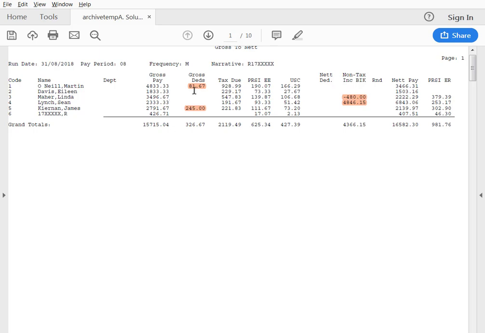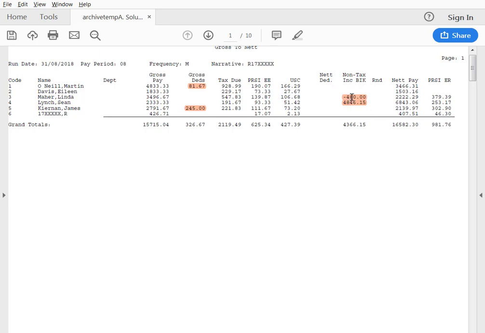Okay, so what have we got? We've got 81.67. Okay, I don't have to deduct that from gross pay. All I have to do is say I owe that to repay the staff bus pass scheme that I had set up. For James Kiernan, I've got 245 plus 80 that I'm going to owe to the pension fund.